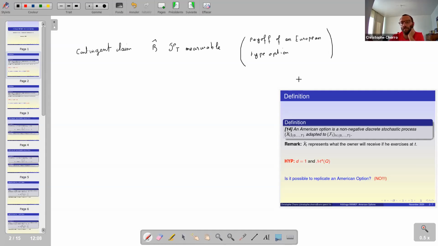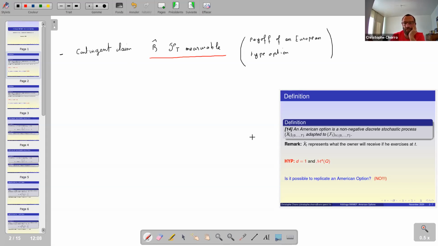You have the possibility not to exercise. So to describe a European contract is done through the notion of an F capital T measurable random variable.